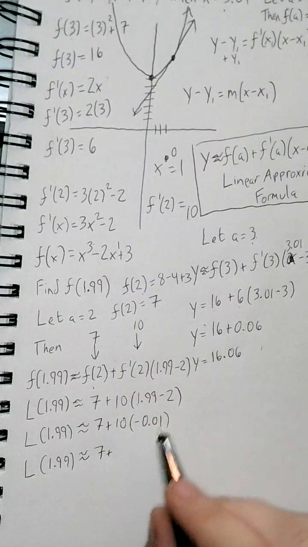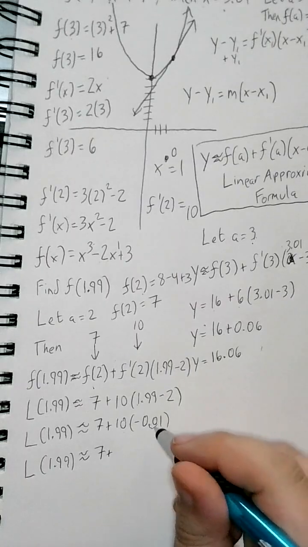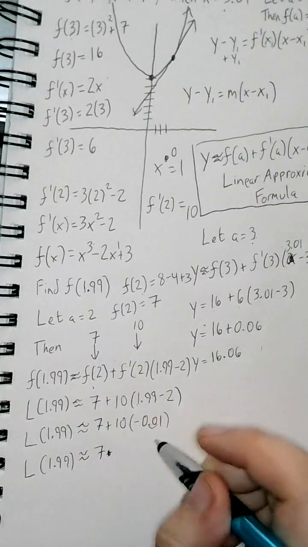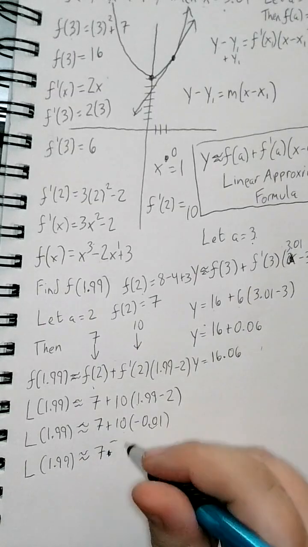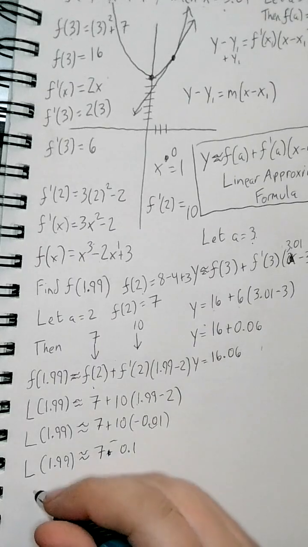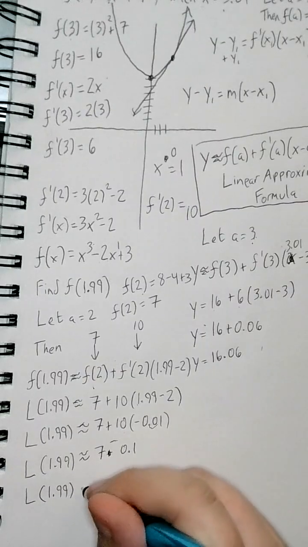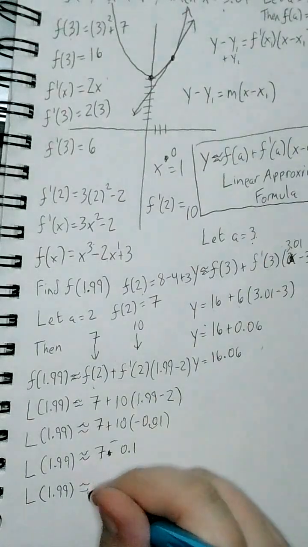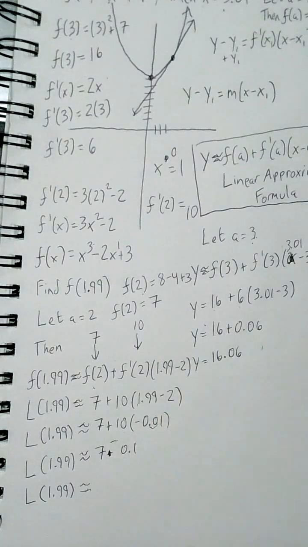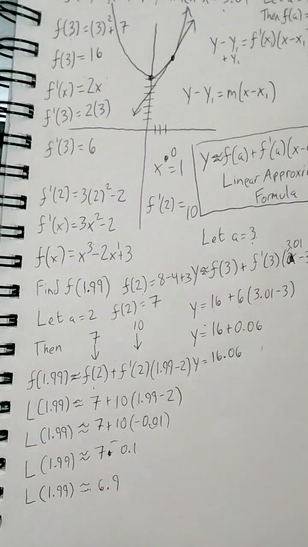When I'm multiplying by 10, I can move the decimal one place to the right. So this is going to be 7 minus 0.1. So the linear approximation of f of x at x equals 1.99 is approximately 6.9.